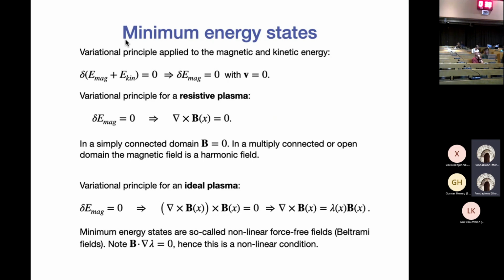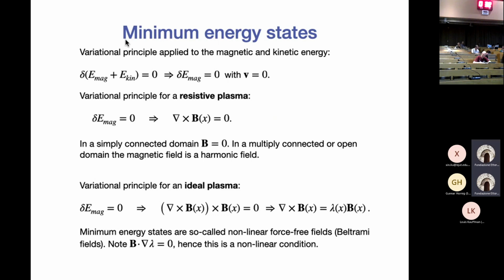If you, on the other hand, ignore the resistive term and look at the variational principle applied to an ideal plasma, then what you get is that J cross B, or so the curl of B cross B, has to vanish, and that gives you so-called nonlinear force-free fields.